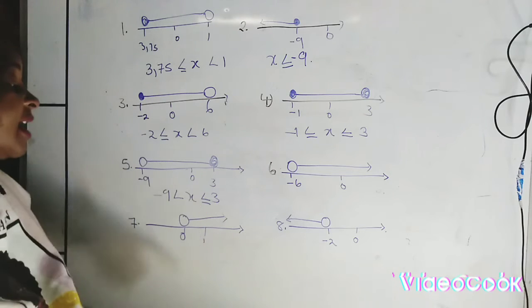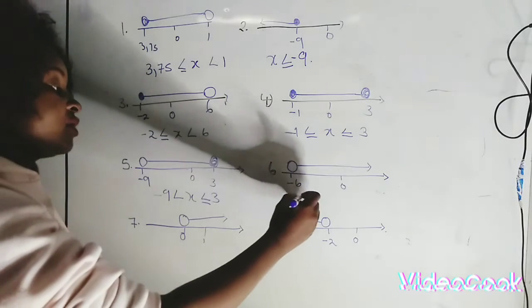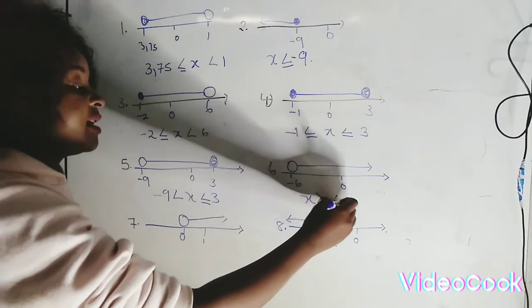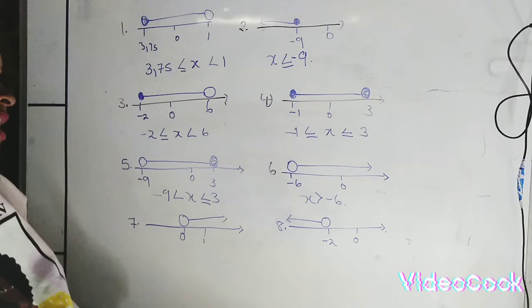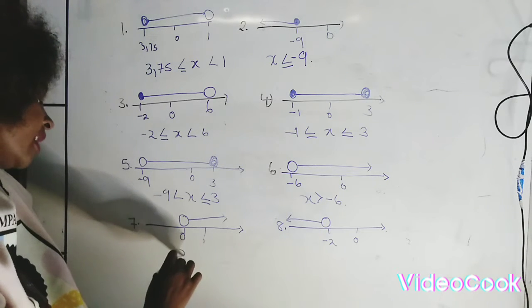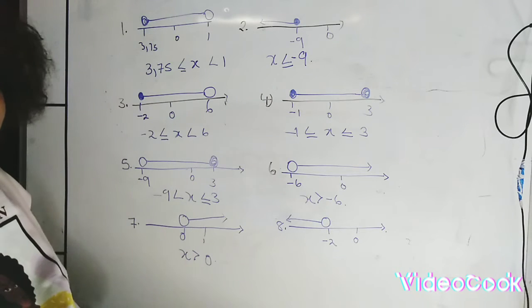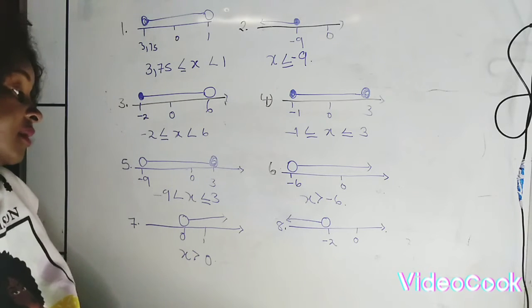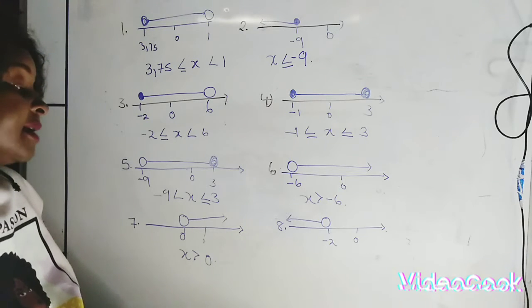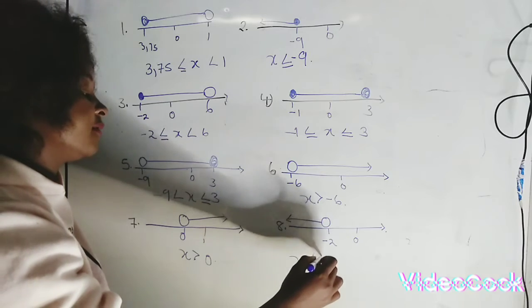At the same time, they are less than or equal to 3. As for this one, our x values, they are all greater than -6. -6 is not included. Our number 7, our x values are greater than 0. Okay, all values above 0 are our x values. And then for number 8, our x values, they are all less than a -2.